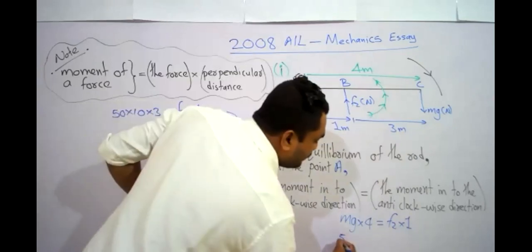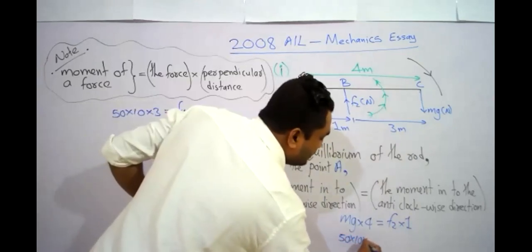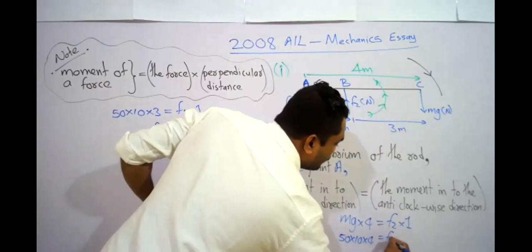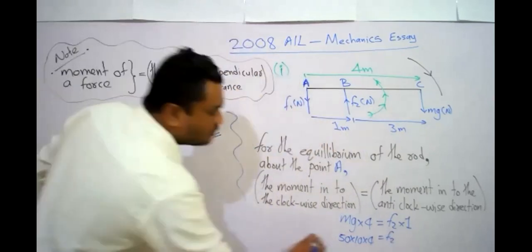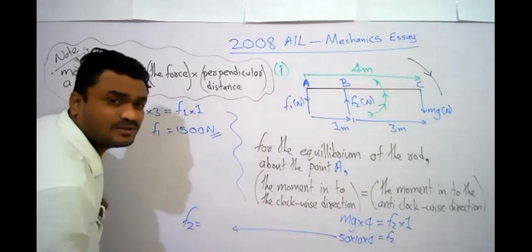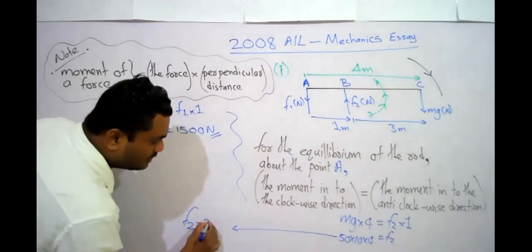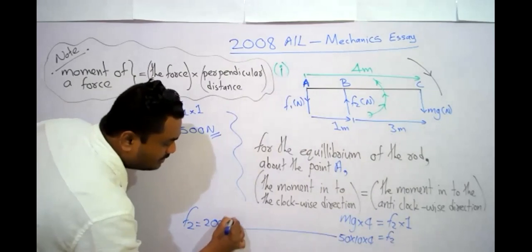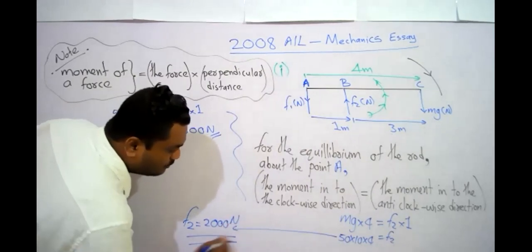So m is 50, g is 10, this is 4, equals F2 into 1, which is F2. So you will get F2 equals 4 times 5, 20, and with the 2 zeros it will be 2000 Newton.